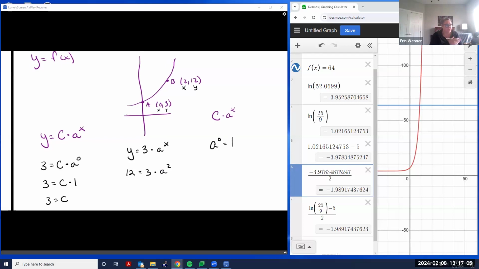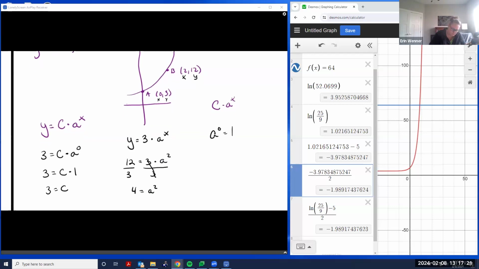So just as we were doing before, we're going to divide both sides by 3. 12 divided by 3 is 4. And from here, we can take the square root. The square root of 4 is 2.